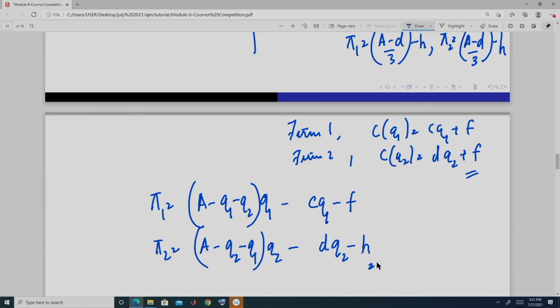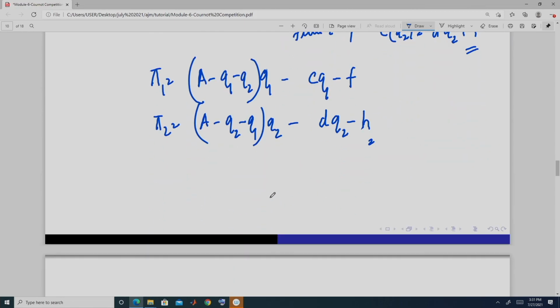And the reaction function of firm 1 is going to be this, and the reaction function of firm 2 is this.